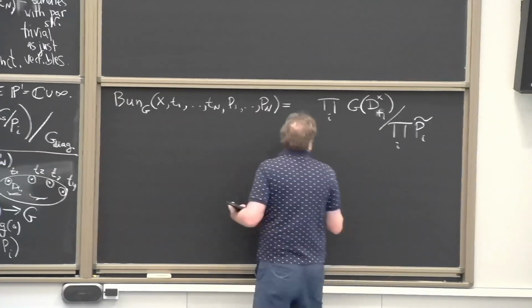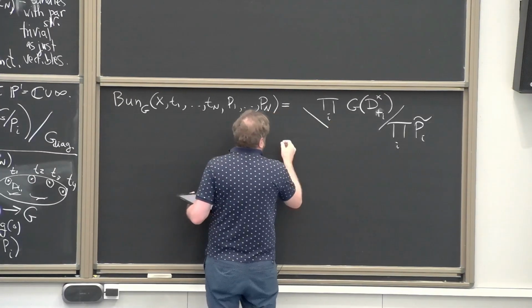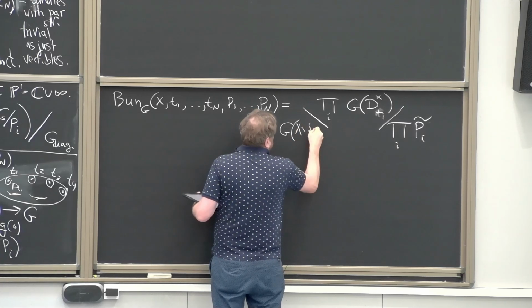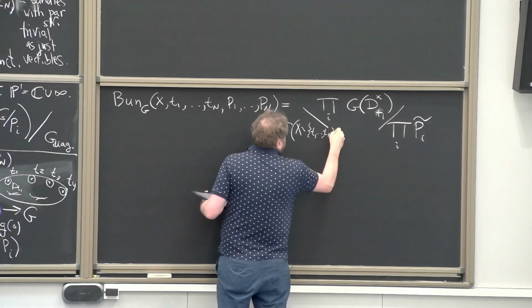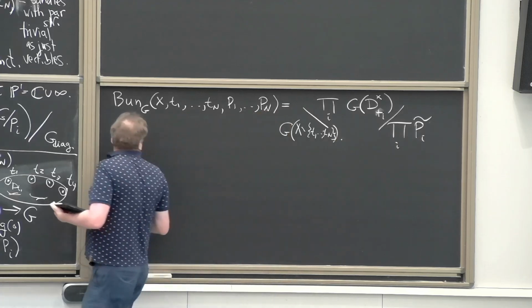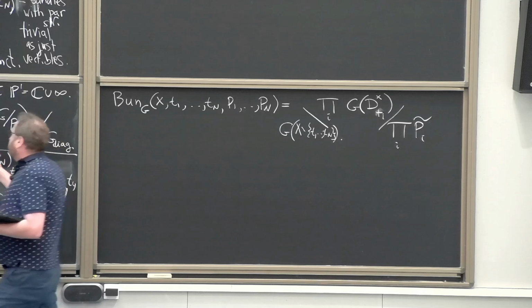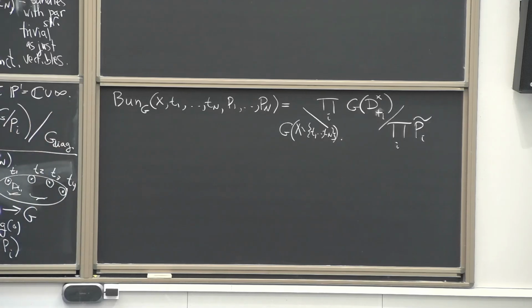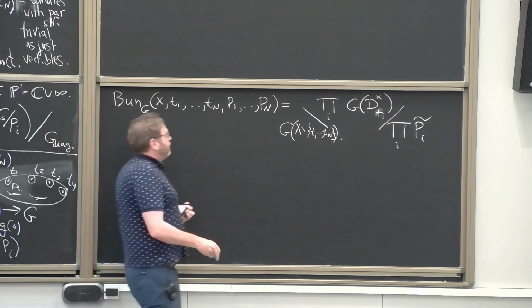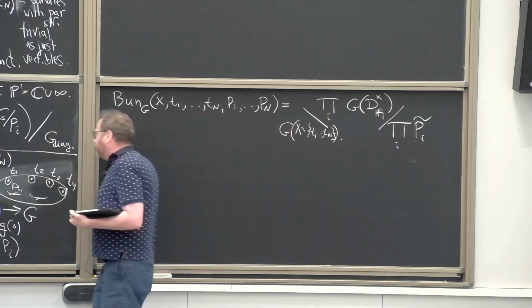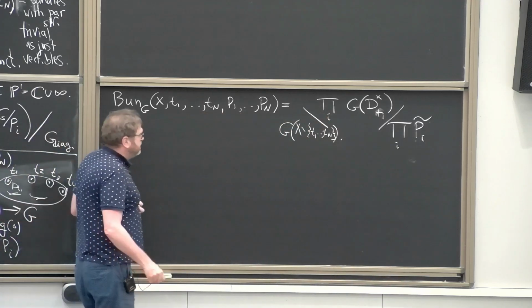And on this side, G of X minus T1, ..., Tn. This is clearly fibers. So the statement that we have this fibration over there is clear from this presentation, because we just replaced the product of G over D_Ti by the product of Pi tildes.